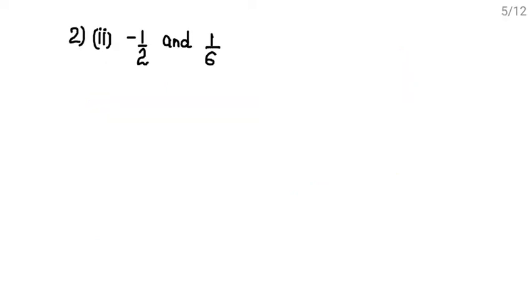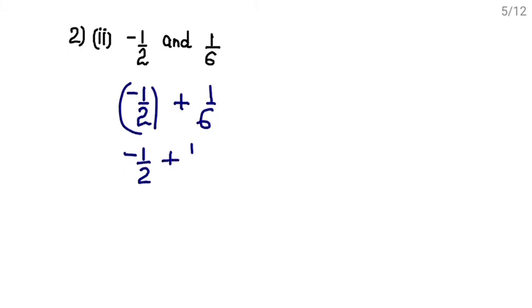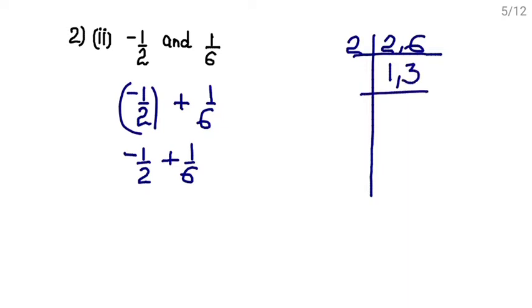Next question, question number 2. Again they are asking to add these two. Minus 1 upon 2 plus 1 upon 6. Open the bracket. Minus 1 upon 2 plus 1 upon 6. Denominators are different now, so you will make them equal by taking the LCM of these denominators. Take the LCM. 2 ones are 2, 2 threes are 6.